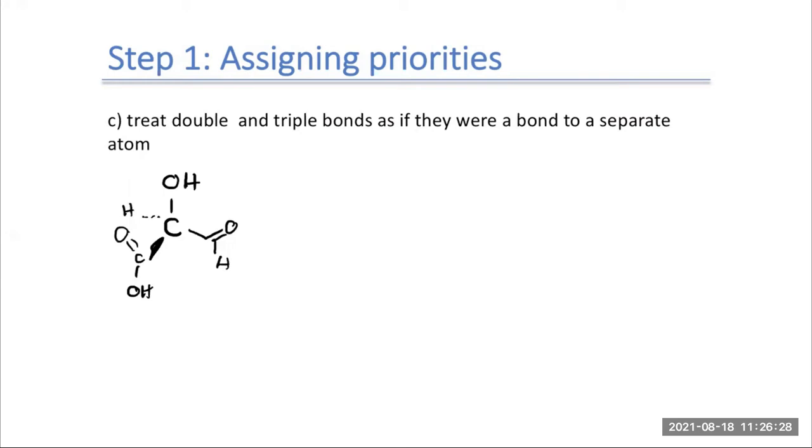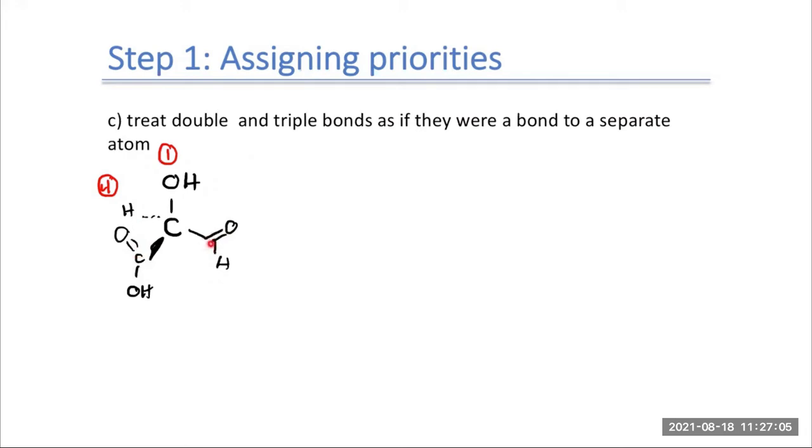So when we're looking at our groups here, we can think about which atoms they're attached to. Here, this one's attached to an oxygen, carbon, carbon, hydrogen. Hydrogen, you've probably guessed by now, is going to be the lowest priority. Oxygen is heavier than a carbon, so that's going to be our first. And then we're looking at aldehyde, carboxylic acid.